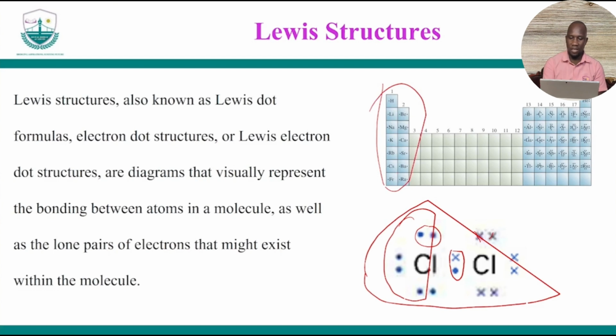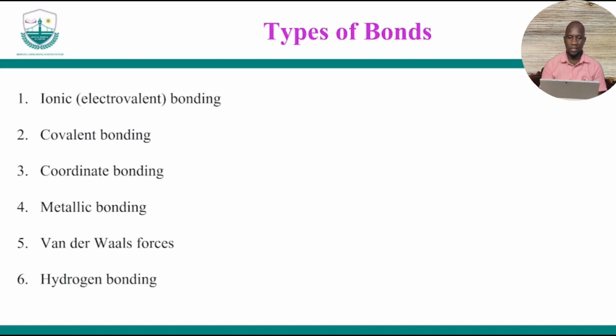Group 1, you can say that there's always one dot. Group 2, 2 dots, and then more dots this side. Of course, 8 dots for the other noble gases, and only 2 electrons for helium there. And then 7 for group 7, and then the rest. So that is about the Lewis structures.